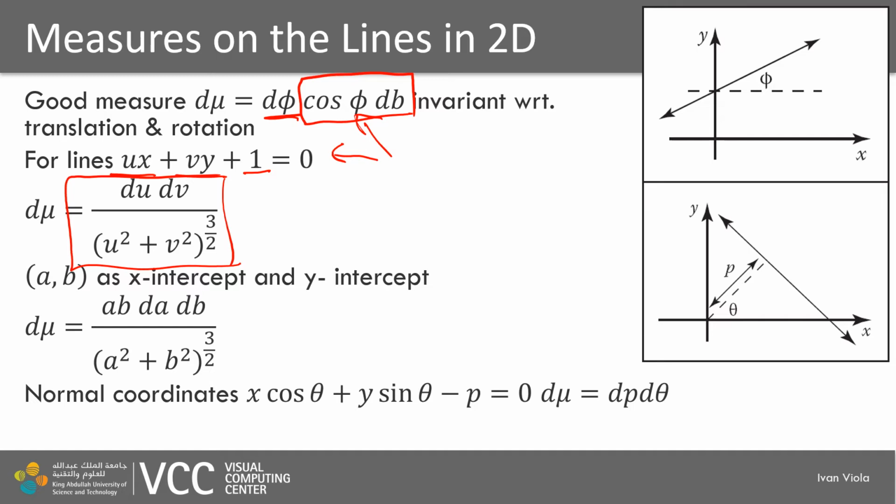And then we can have, for example, AB as a characterization of a line, where A is the x-intercept and B is the y-intercept.